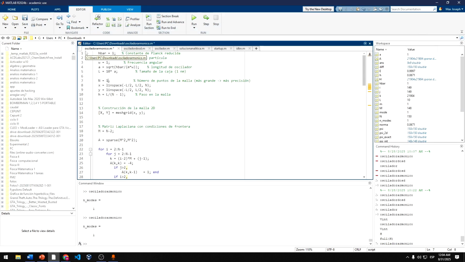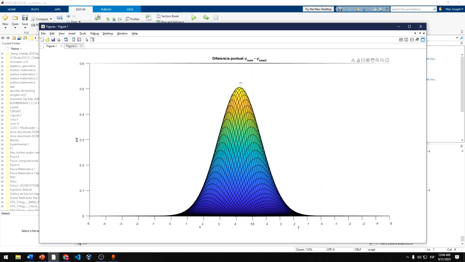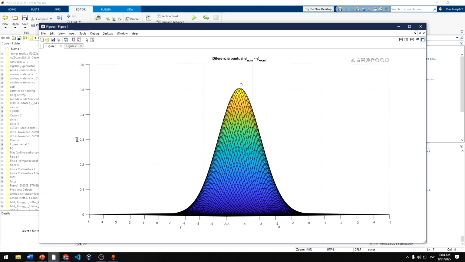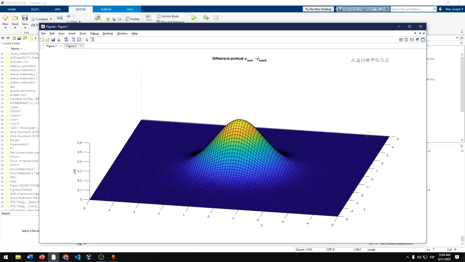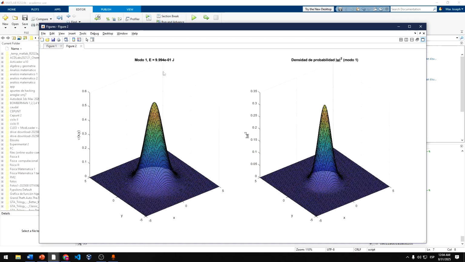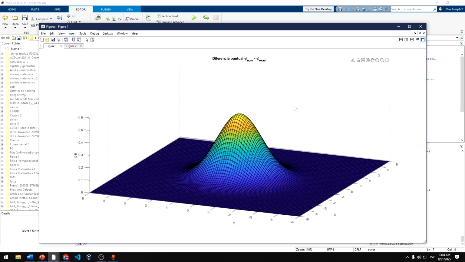Vamos a dejarlo así. Sí, no. Incluso aumentó. Pero bueno, es significativo, ¿no? El error comparado a eso.